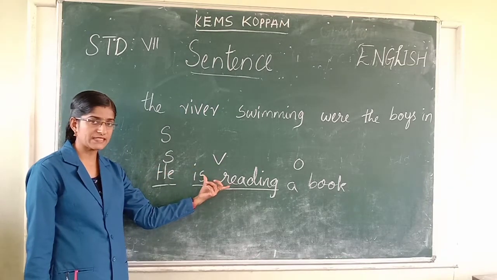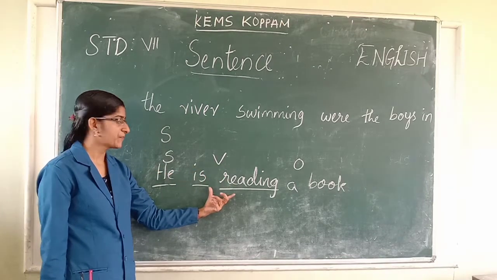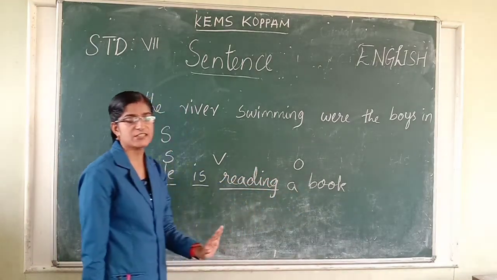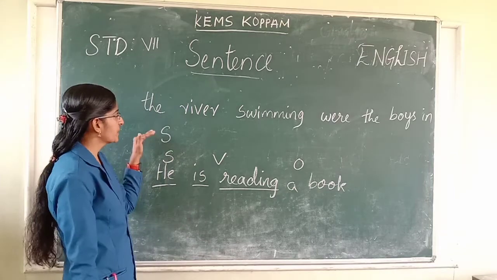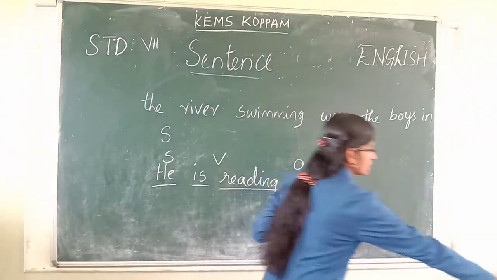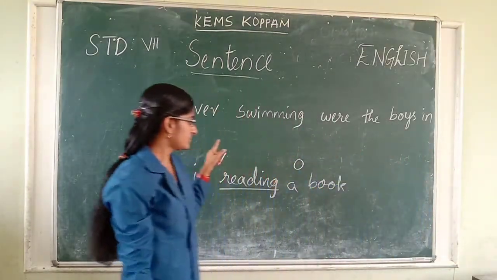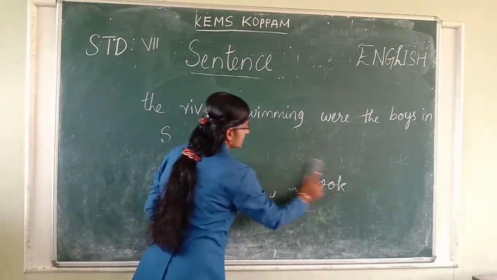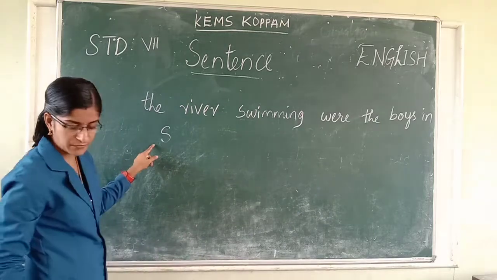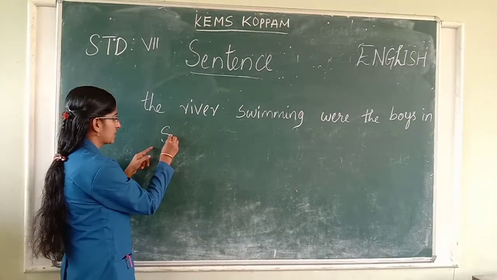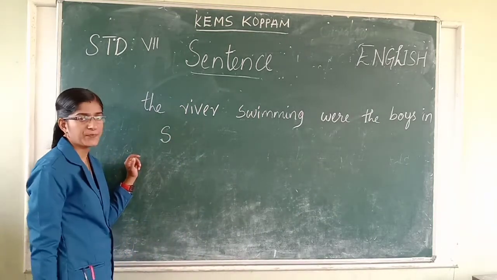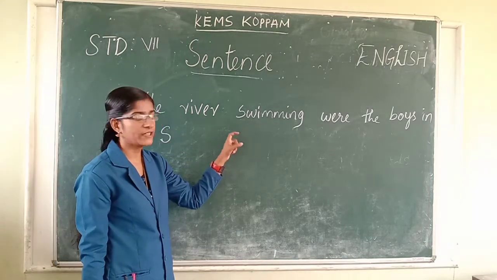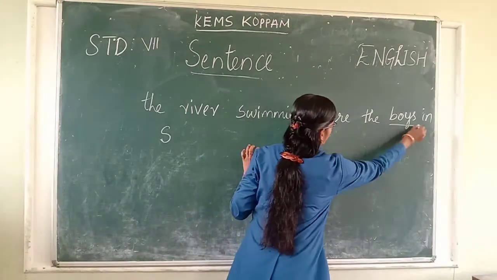Verb, you know what the verb is? Action word. Okay, auxiliary helping verb, main verb, then the rest of the sentence you have to write. So how can we rewrite the first group of words? We want to write the subject. Who is the subject here? Who is doing the action? The action here is swimming. Who is doing it? Yes, boys.